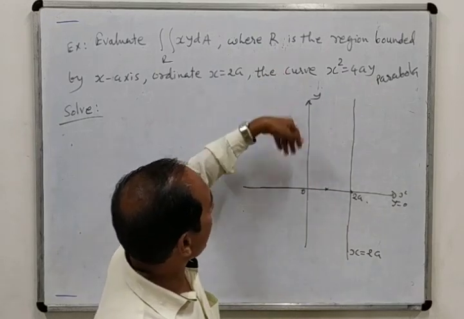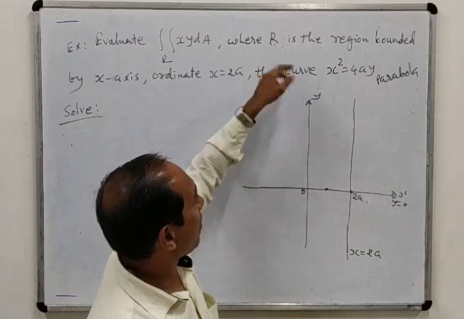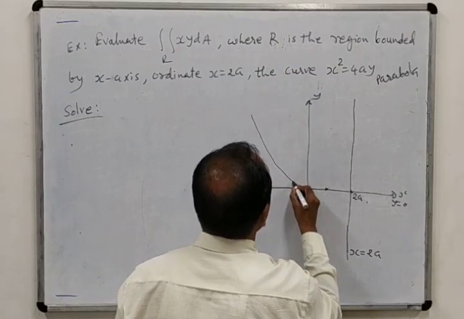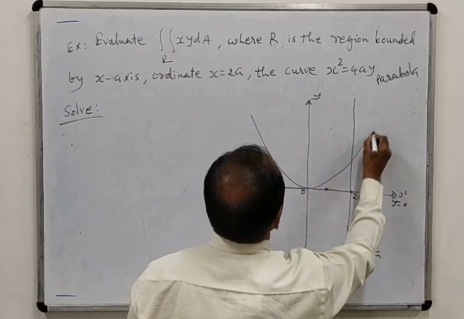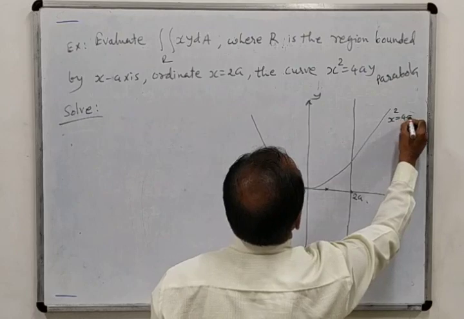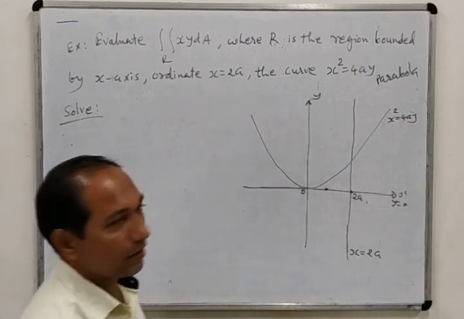So the curve will go in the positive direction of y. And you know the nature of the curve, parabola, which can be drawn in this way. Okay. So it is nothing but x square equal to 4ay.